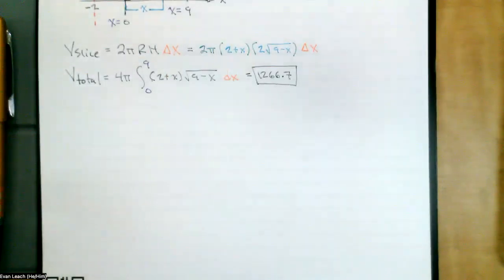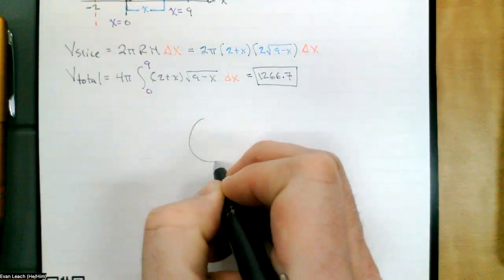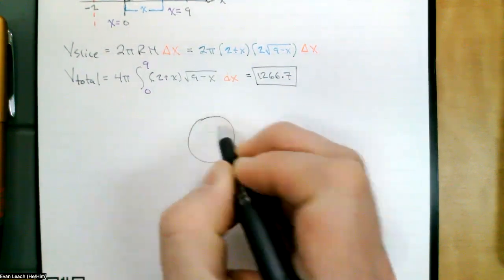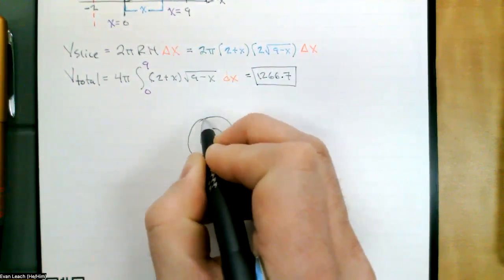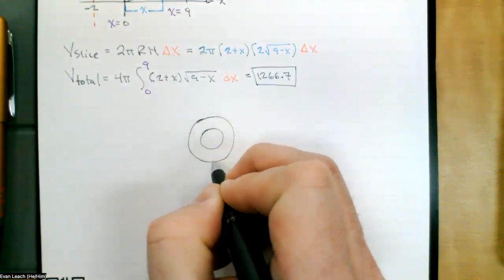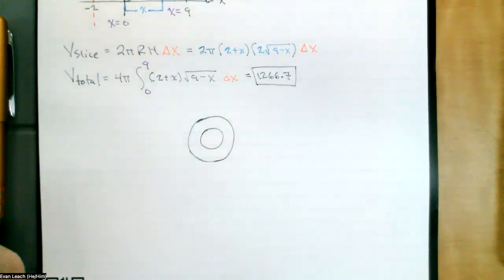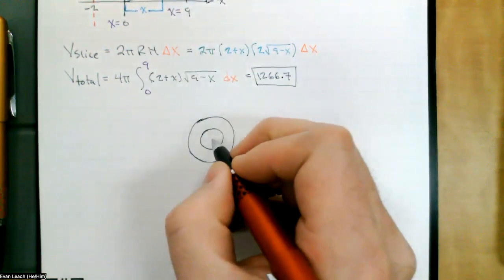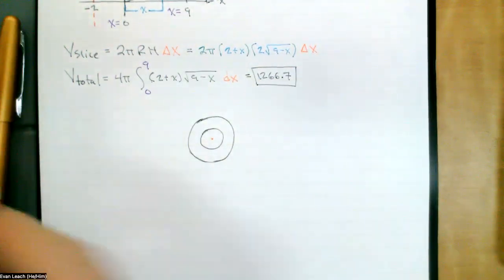If we look at the top view of the slice where our axis of rotation is here in the middle of a gap, we have two different radiuses.